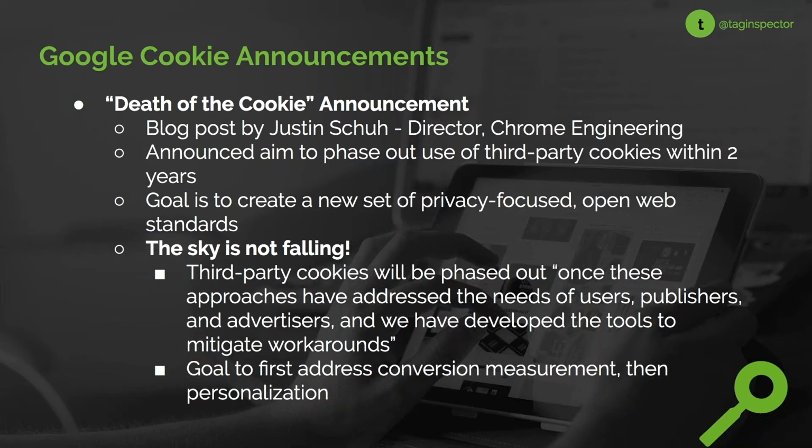So it's important here, and I have it highlighted, the sky is not falling. So when we think about the use of cookies, first party, third party, for things like analytics, for things like tracking purposes, so Google Analytics, your Adobe Analytics, the cookies that are being set there are going to be first party cookies.